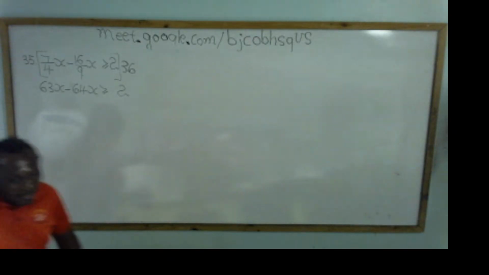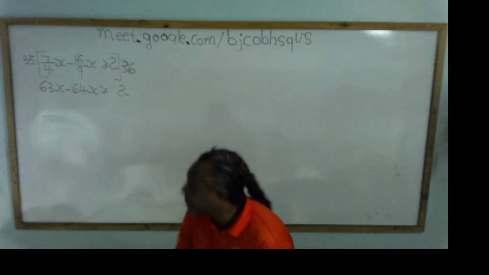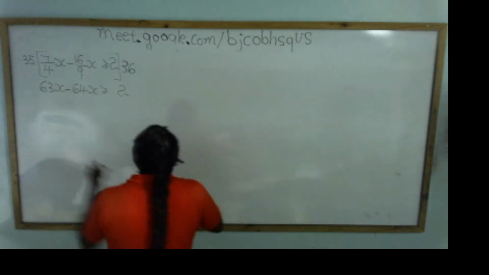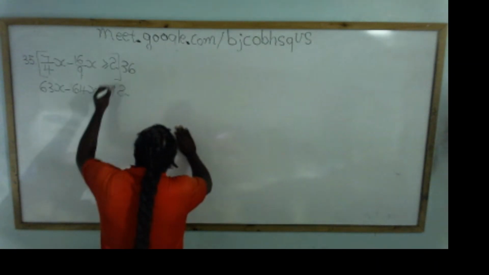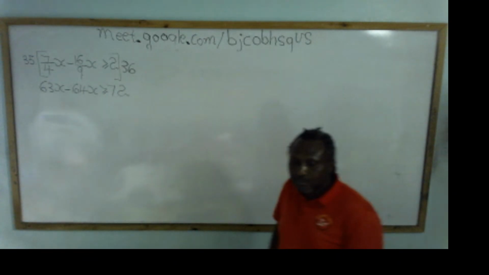All right. No answer? All right, I'll give my answer. It should really be 72. Because we need to multiply the 36 by 2 also. Let's continue.